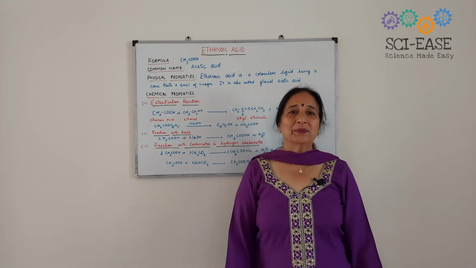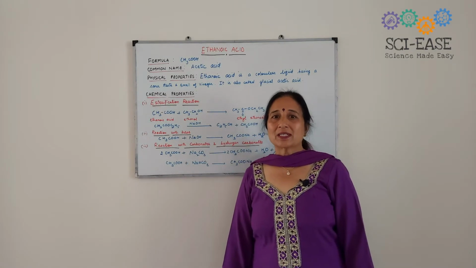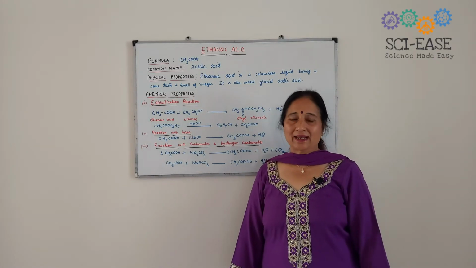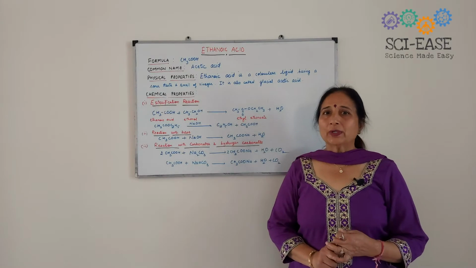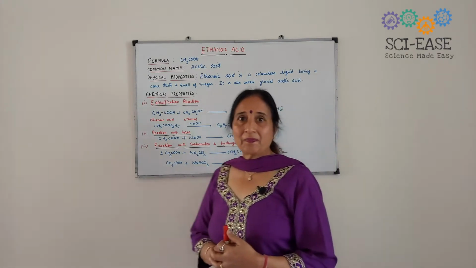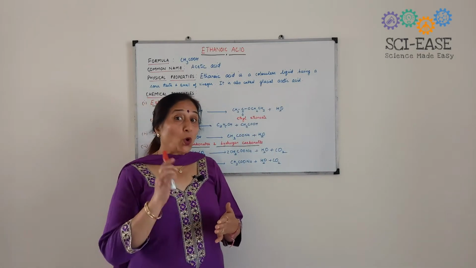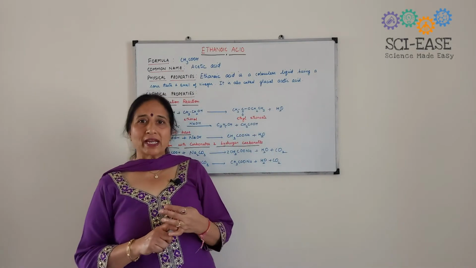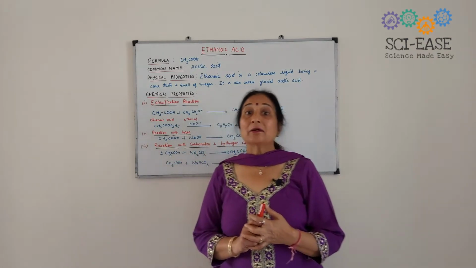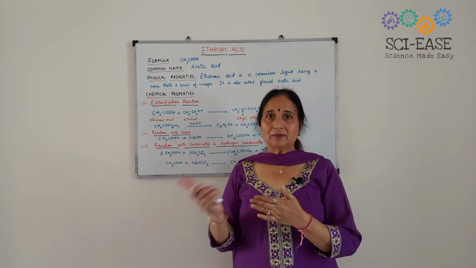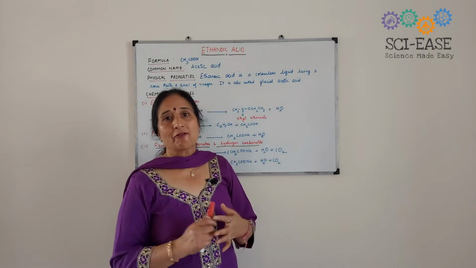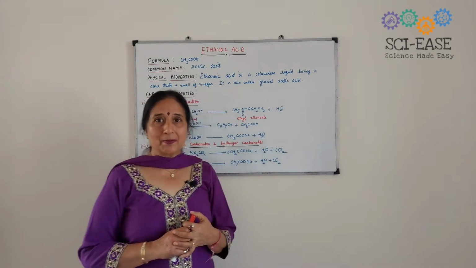In the last video, we discussed ethanol, that is ethyl alcohol, in detail. One thing I want to tell you is that ethanol is there in the labs, and in order to make it unfit for drinking, some poisonous substances like methanol, the first member of alcohol, pyridine, or copper sulfate may be added.